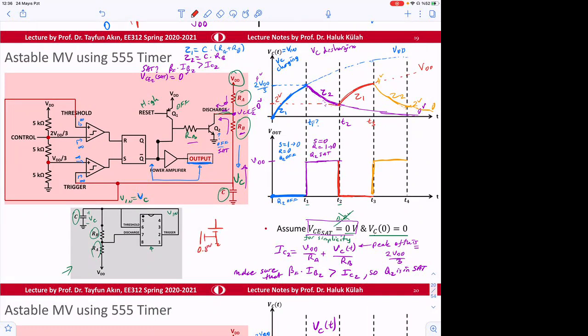So this is 0.8 volts, and then this is a voltage source, right? So instead of saying 0.2 volt here, we say it is 0 volt. So it's going to be ground then, and this is also 0 volt. Is that clear? Yeah, no matter how much current goes through, it's going to be 0 volt. But of course, as long as this situation is satisfied so that the transistor is in saturation.